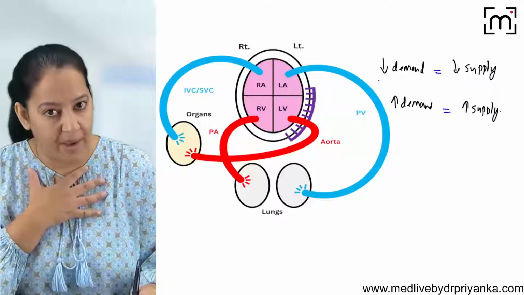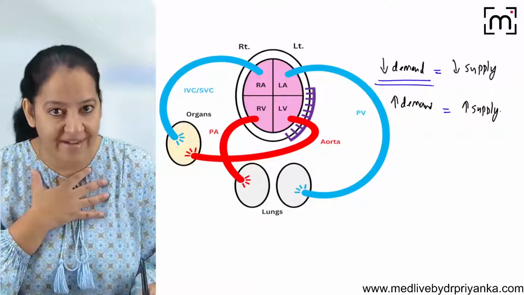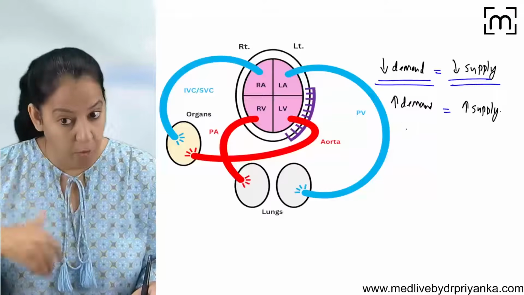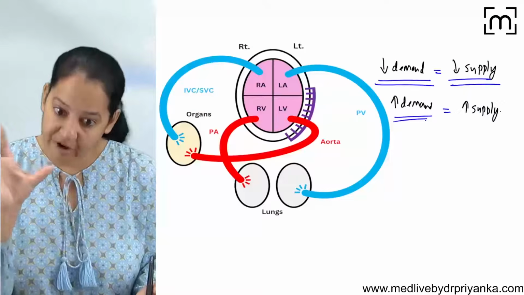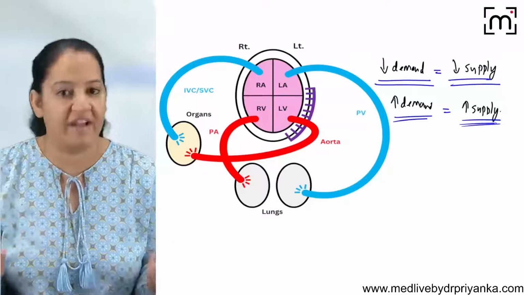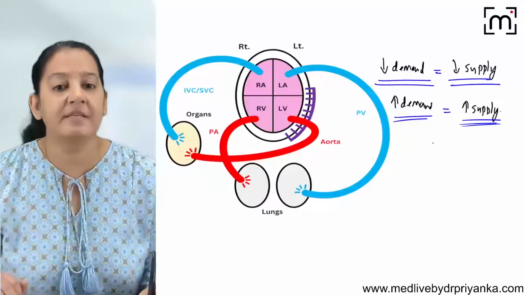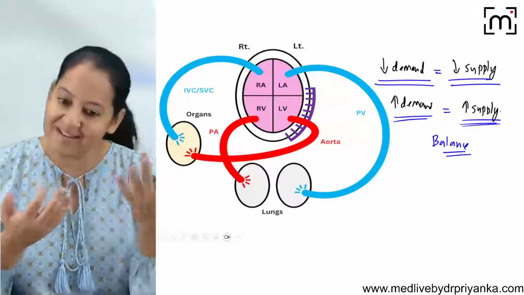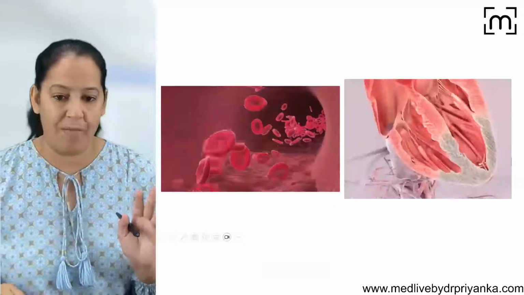My body requires less blood, the heart contracts less, and less blood is given to the heart. But whenever my body requires more blood during activity, the heart contracts more and more blood is given to the heart via dilating coronary. This is known as balance. Balance between what? The demand and supply. Till now balance is there.